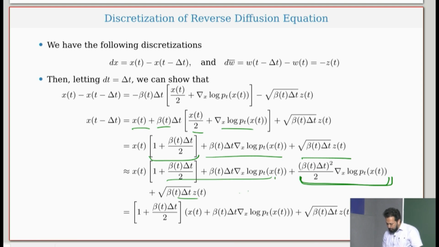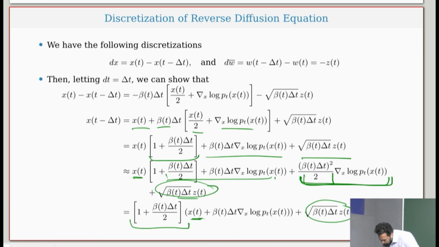And then from here we take 1 plus beta t delta t by 2 common. Then what do we have?